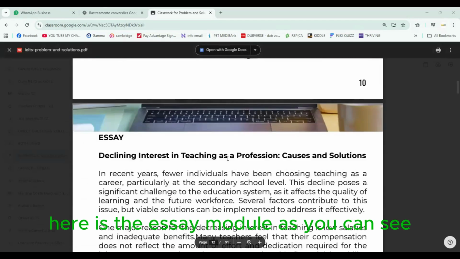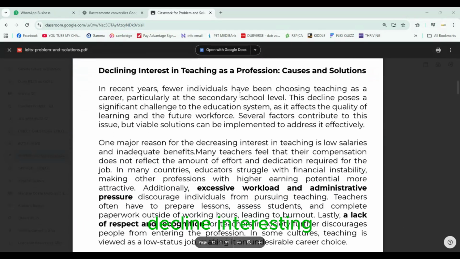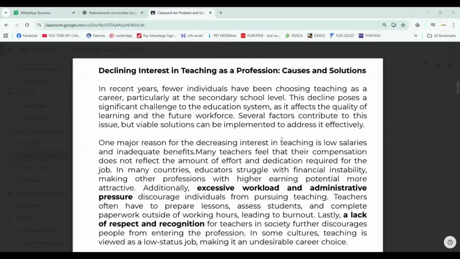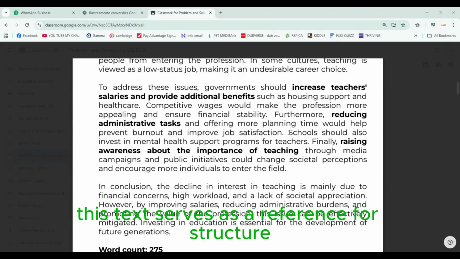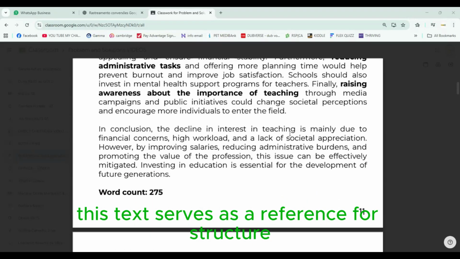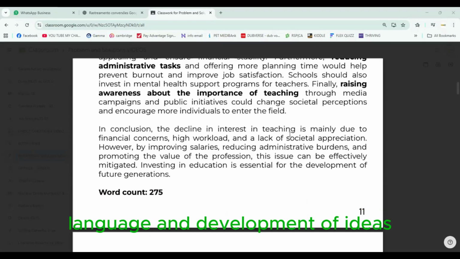Here is the essay module. As you can see, it's interesting. So it's talking about the teacher who no longer wants to be a teacher because of the salary. Very interesting. And how do we solve this problem? It's a model. This text serves as a reference for structure, language, and development of ideas.